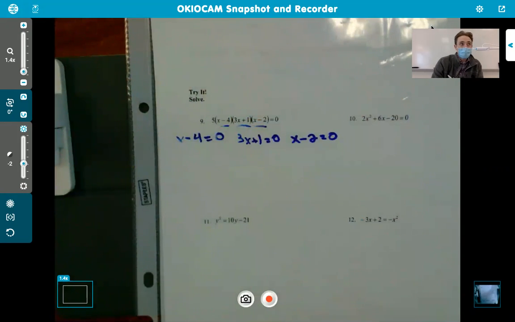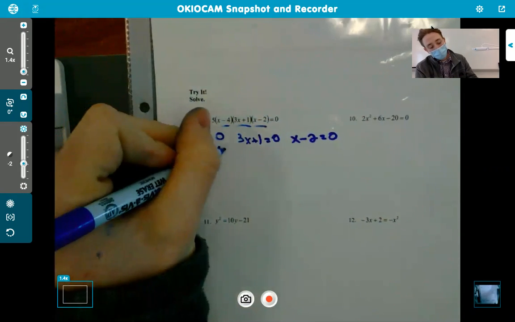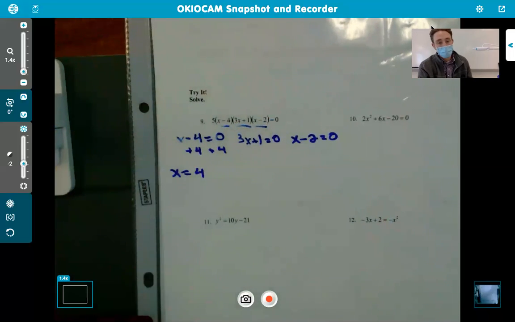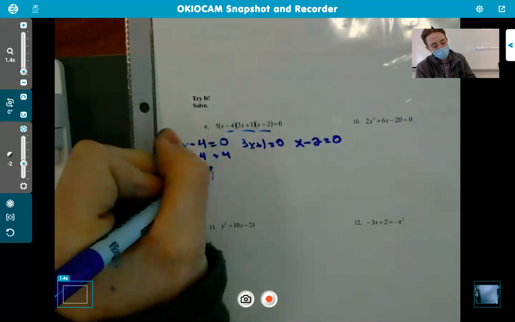Right, so this is that last step that we discussed yesterday. After we factor and we have these equations now instead of expressions, we want to set each of them equal to 0 to solve. So I'll add 4 to both sides. All of these equations will be 1 and sometimes 2-step equations. I get x equals 4 as a solution.